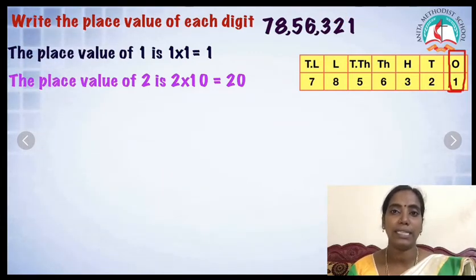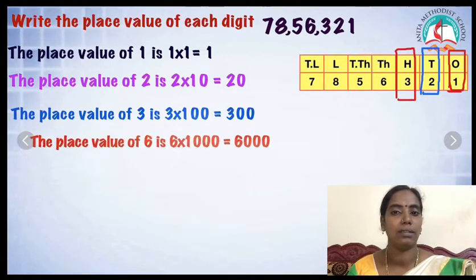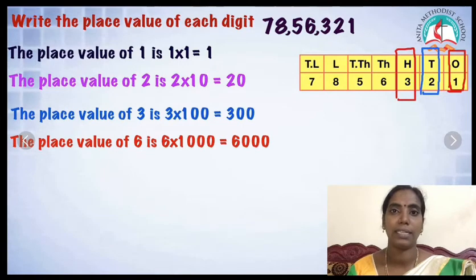In hundred place there are 3 hundreds. So 3 into 100, 300. In thousands place 6 times thousands are there. So 6 into 1000, 6000. In 10,000's place 5 times 10,000 makes 50,000.